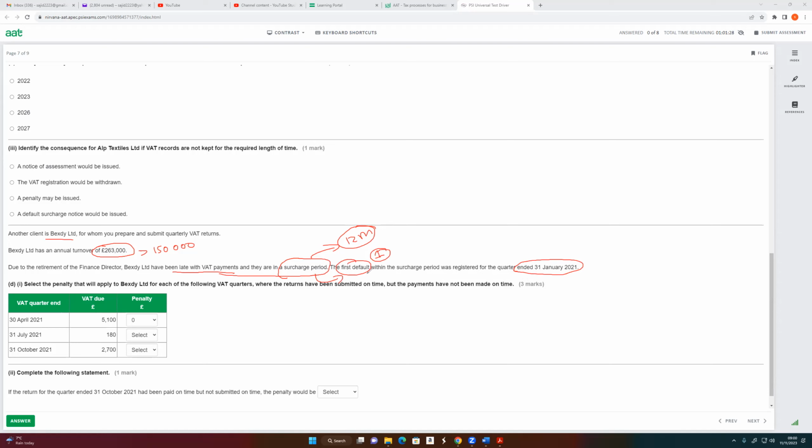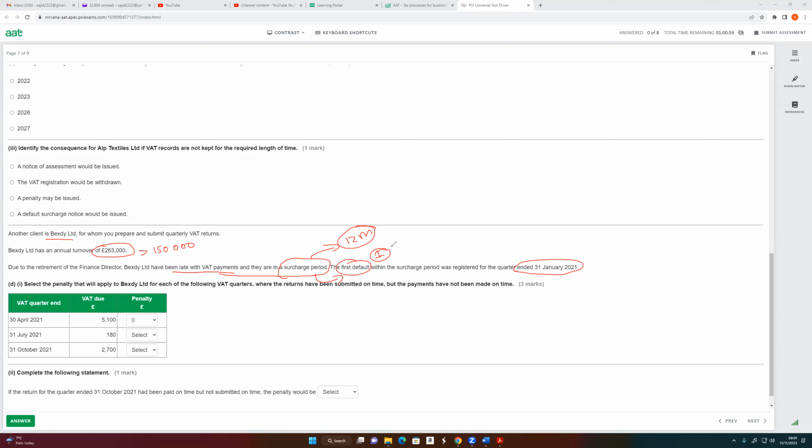So that's my first default. Remember, first the surcharge period starts because of the late payment or the late filing. And within 12 months, if we are late again, then I'll get my first default. And the first default was registered for the quarter ended 31st of January 2021.